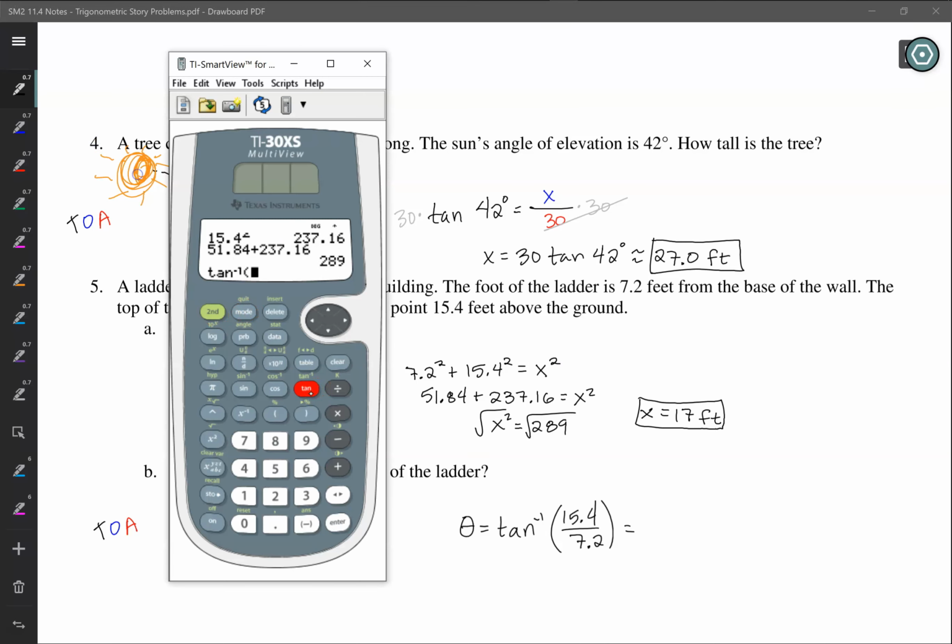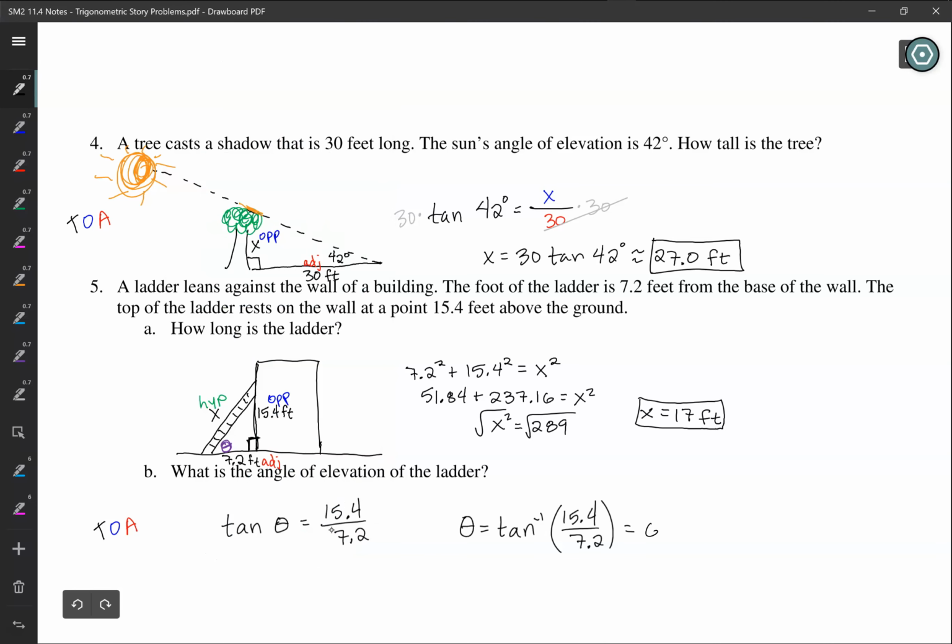So second tangent, 15.4 over 7.2. It's about 64.9 degrees. Would be my angle of elevation of that ladder.